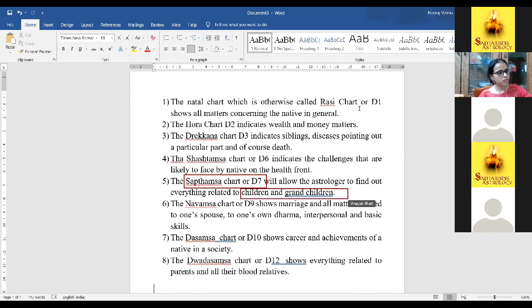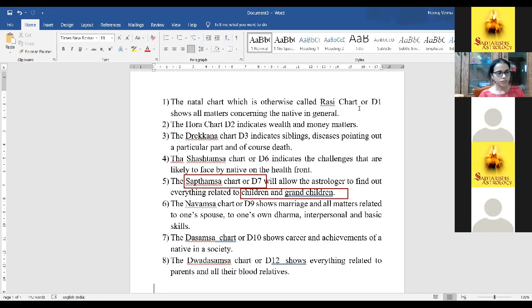If you want to predict an event related to childbirth, then we have to see the fifth house as well as the position of that planet, fifth house lord or the Mahadasha lord, position of those planets in the D7 chart also. Okay.